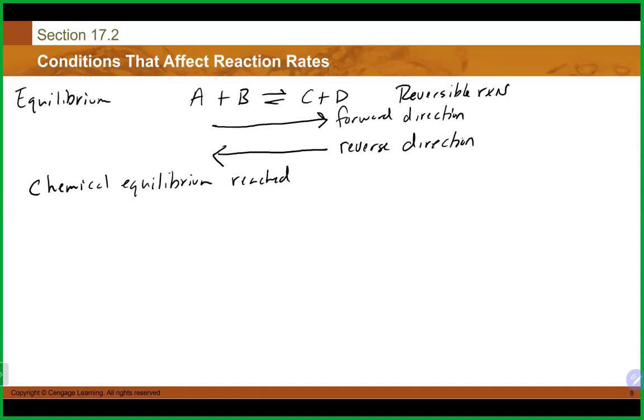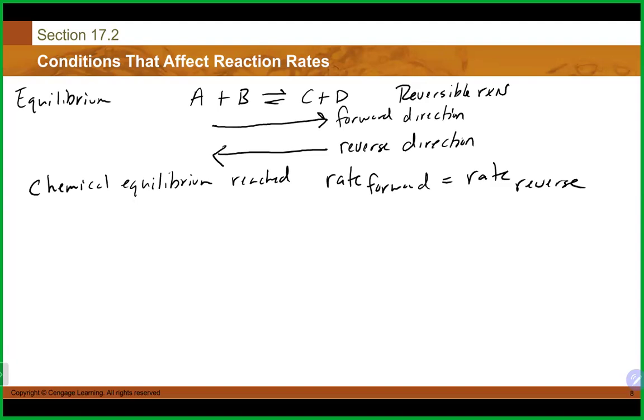The rate of the forward direction of that reaction will eventually equal the rate of the reverse direction. That is what is meant by equal. What is actually equal is not the concentration we have on both sides, but the rate.